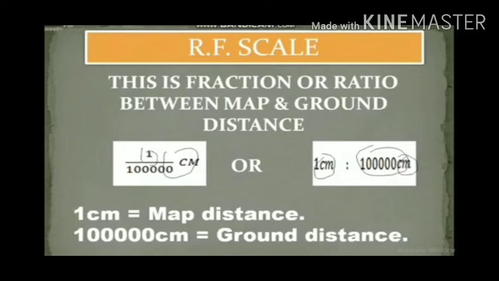Example, 1:60 lakhs represents the distance on the map and 60 lakhs represents the distance on the ground. This is 60 lakhs times the map distance. It is also known as representative fraction.